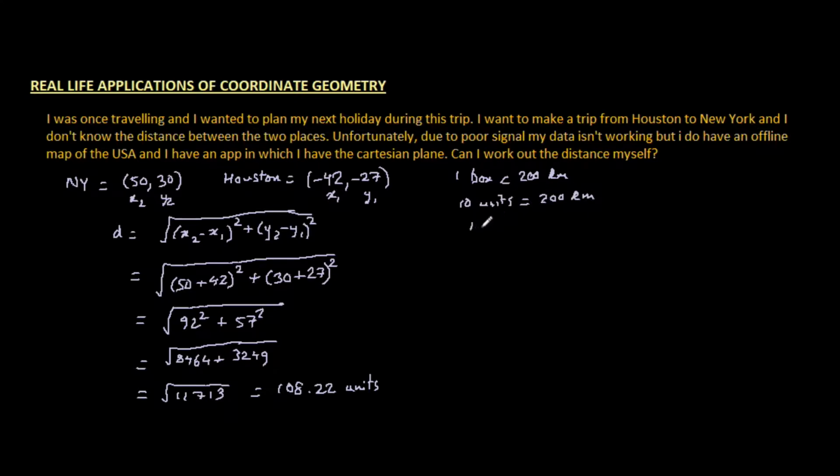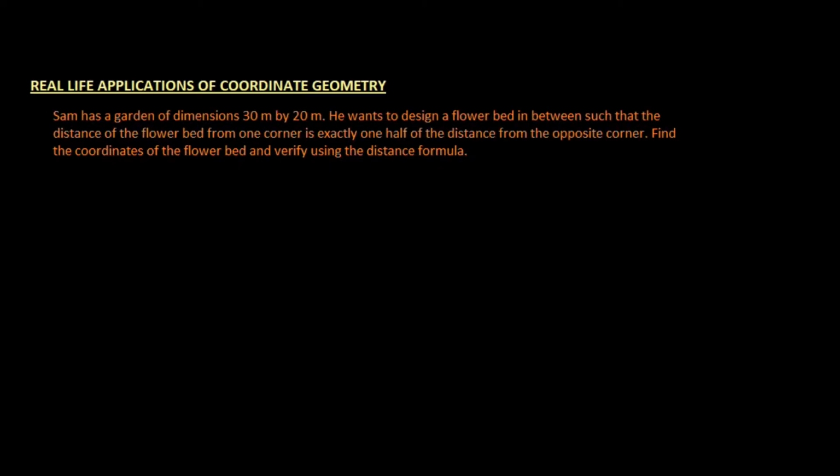So that means 1 unit will be equal to 200 divided by 10, which happens to be 20 kilometers. So the total distance between New York and Houston would be 108.22 multiplied by 20, which happens to be roughly 2165 kilometers.